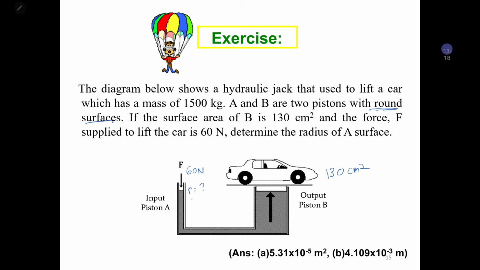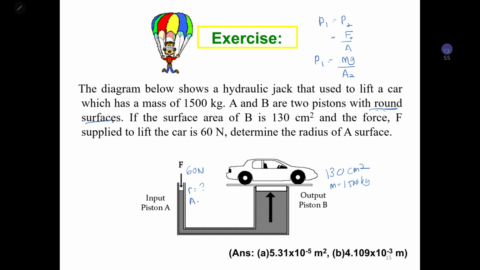First you need to know the area. Given the mass of the car is 1500 kilogram. We know that the pressure at 1 must be equal to the pressure at 2. Pressure at 2 is equal to F2 divided by A2. How do we get F2? F2 we can calculate using m g.